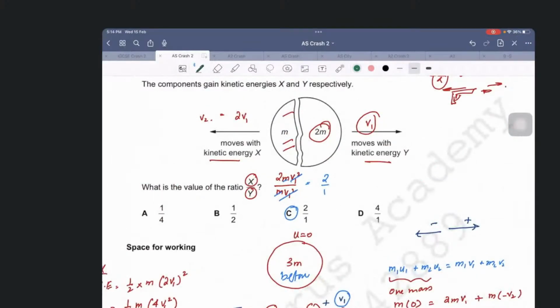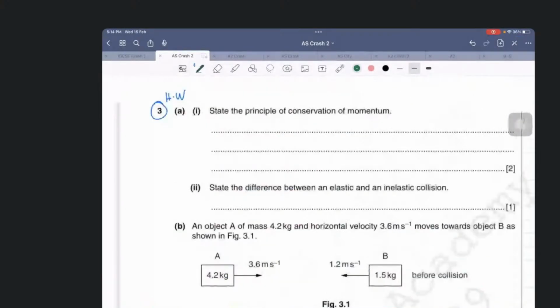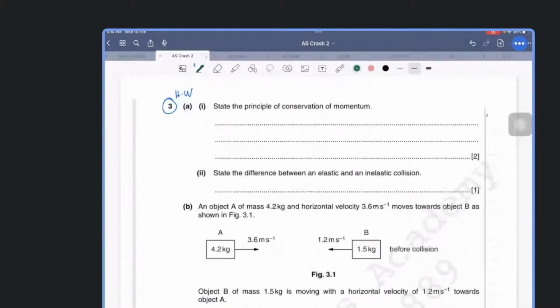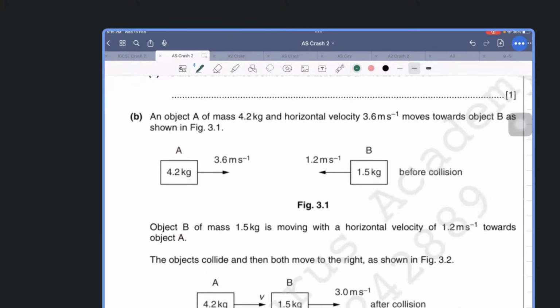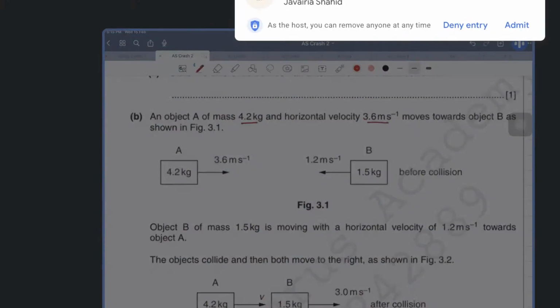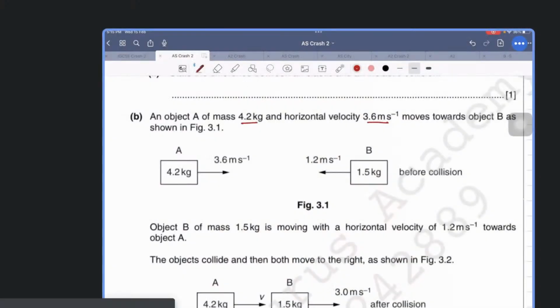Number 3. This one. You want me to explain this to you? Okay. Or B. So let's do this. Just the B part there. Alright. So in this question it says that basically an object A of mass 4.2 kg, horizontal velocity this, moves towards object B as shown.